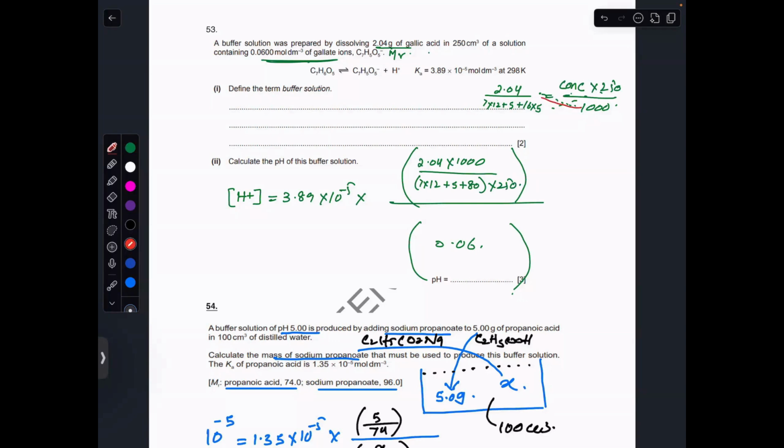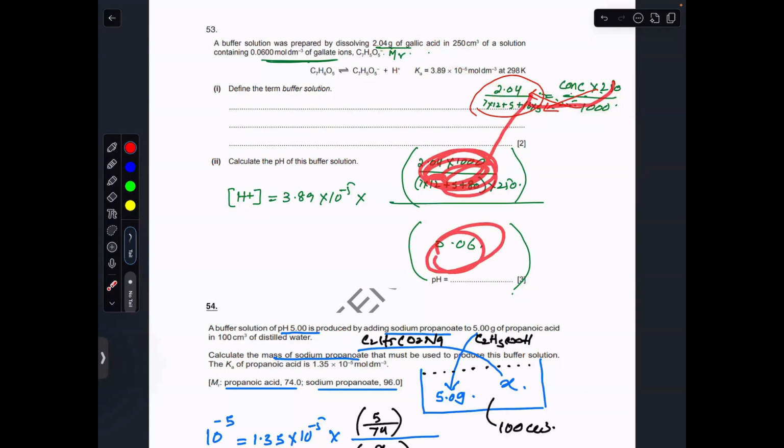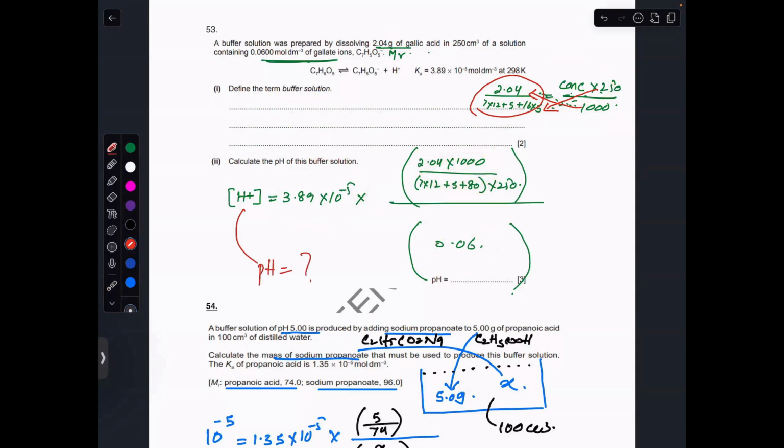It will go there and it will come down with the MR. So in this way, you know the concentration. Moles is equal to mass over MR. Moles is equal to concentration into volume divided by 1000. You get the concentration of the weak acid over salt into Ka. You get H plus, and then what are you supposed to find? pH.